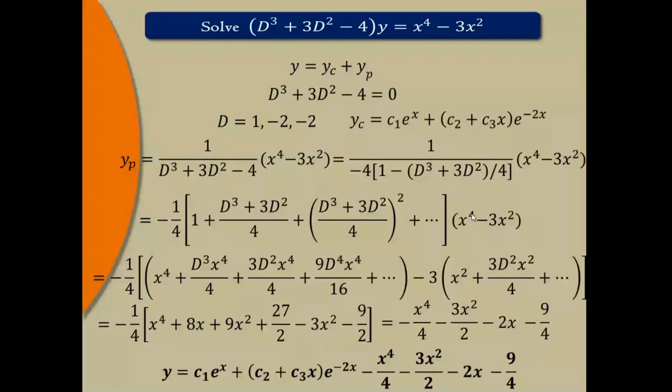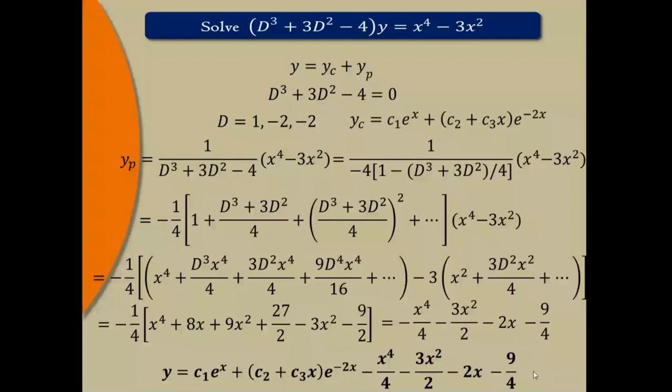Any higher power terms, skip them, since all those higher power terms become 0. So we are not writing plus dot dot dot here because the rest of the terms are 0. Simplifying it, we get this term, and the addition of yc and yp gives us the solution. Okay, so this was the third method by which we can find yp.